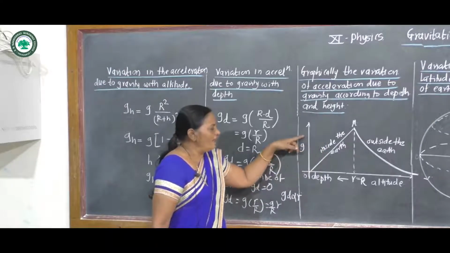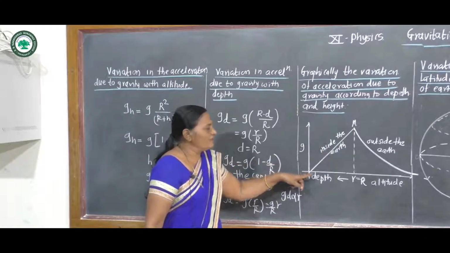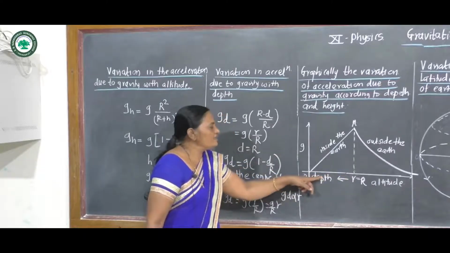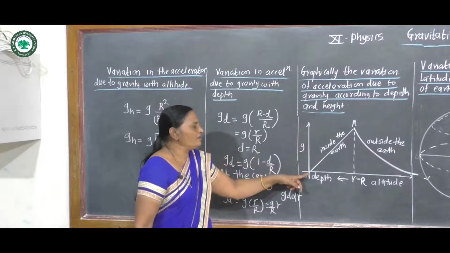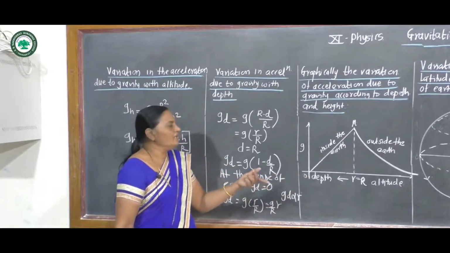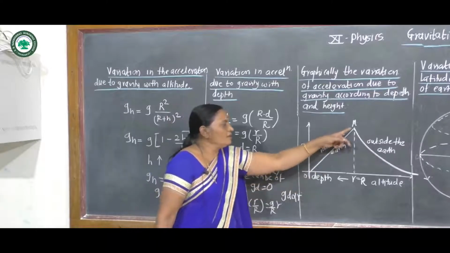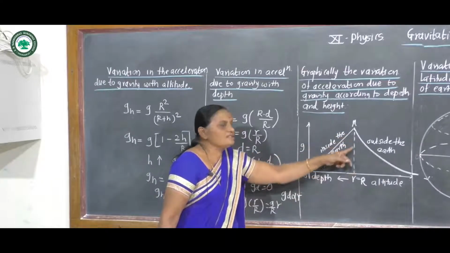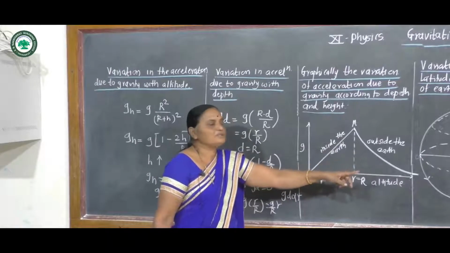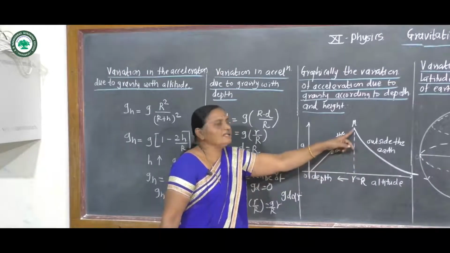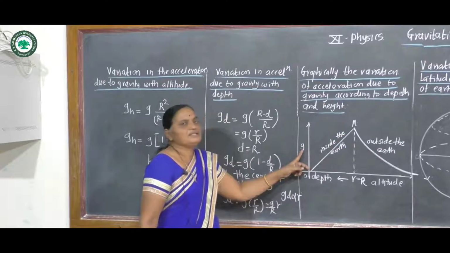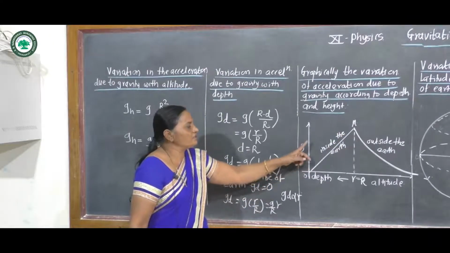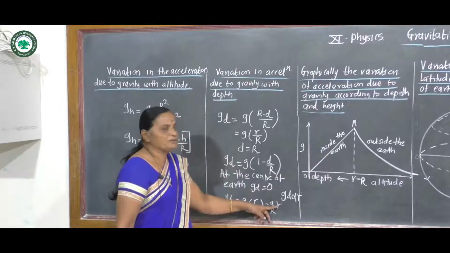This indicates that the value of r decreases here, and O denotes the center of earth. At the center of earth, the acceleration due to gravity is 0. Now this is the surface of earth, and acceleration due to gravity at the surface is maximum. From the graph we concluded three things. The acceleration due to gravity is directly proportional to r.